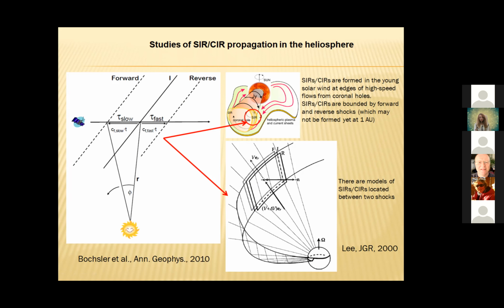Many people focus on the structure of stream interaction regions. This is the subject of both observational studies and many numerical models, and you can see some examples from well-known models by Lee with forward and reverse shocks.